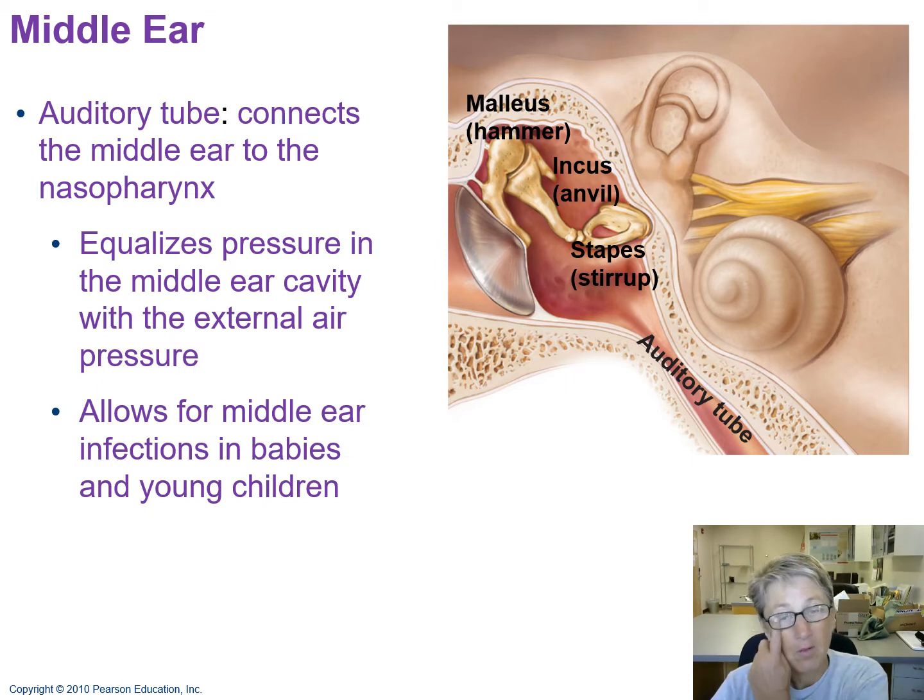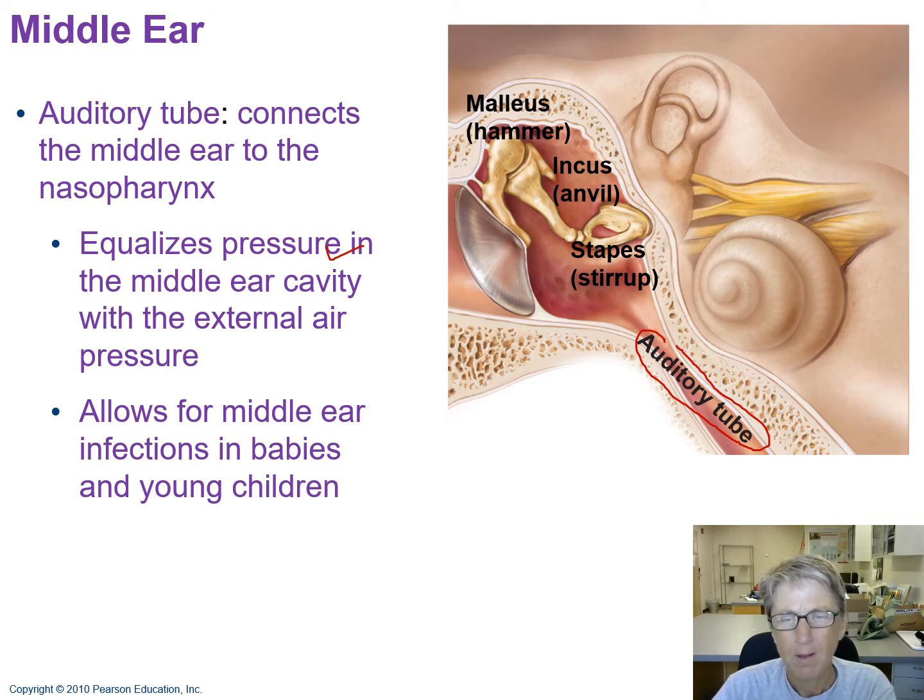And then we talked about this, the auditory tube connects the middle ear to the nasopharynx. So that's just the part of your throat that is connected to the nose. This auditory tube will allow you to equalize pressure in the middle ear with external air pressure.